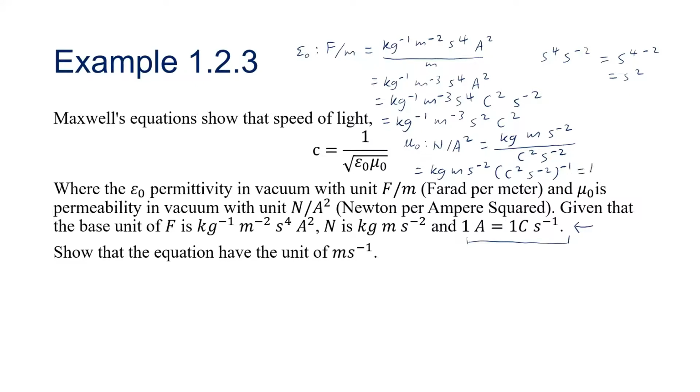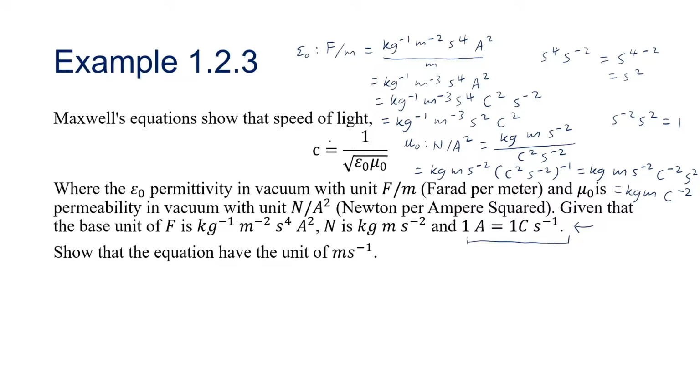So the net result we get is kg meter s to the negative 2, and here becomes C to the negative 2 and s squared. Now you can see here the s to the negative 2 multiplied with this s to the power of 2 will just equal 1. So we get kg meter coulomb to the negative 2.